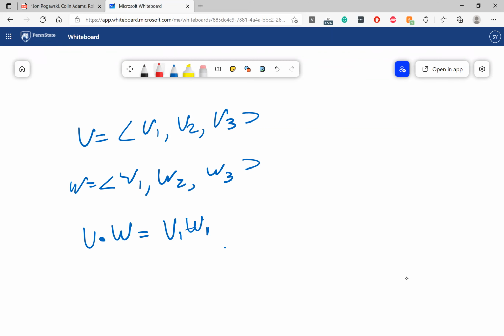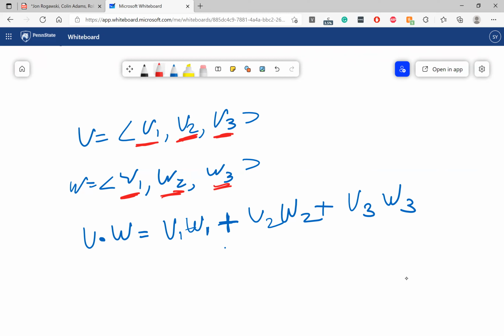So you take the first component of the first vector and multiply it by the first component of the second vector, plus you add v2 times w2, so the second component of the first vector times the second component of the second vector, plus v3 w3. So again, third component times third component, and you add them and you get a number in the end.